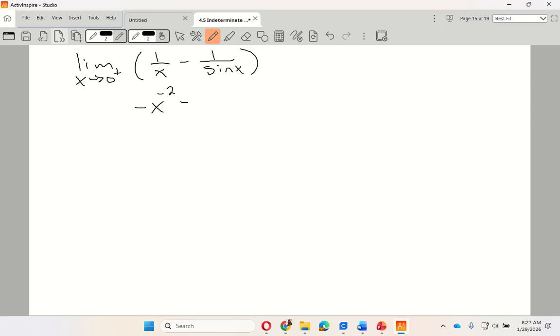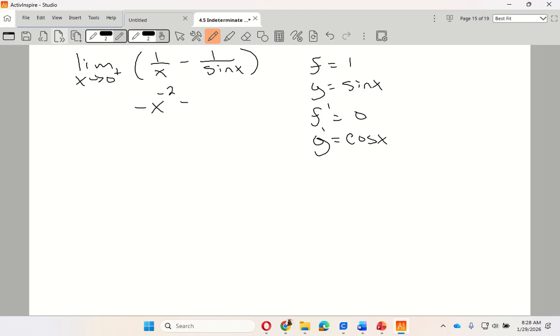I could do this two different ways. Let's do this as a quotient rule so you guys could actually see. I would say f is 1, g is sine. So f prime is 0, g prime is cosine.